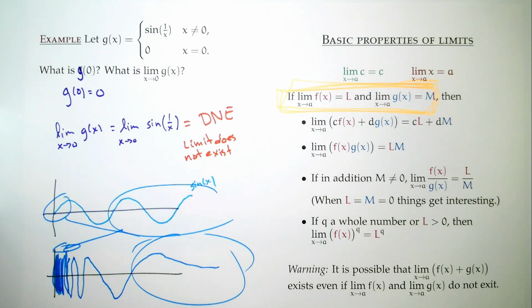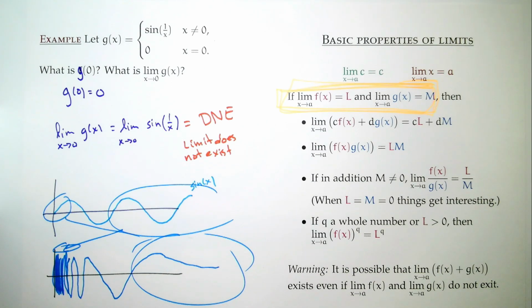However, it is also the case that the limits may not exist individually, but you can have it so that their product exists, or maybe their sum exists, or some other combination. So be careful. Just because the limits don't exist doesn't mean when you combine them together that the limit still does not exist. Interesting things can happen. For example, on next week's quiz problems, you might see examples of that.